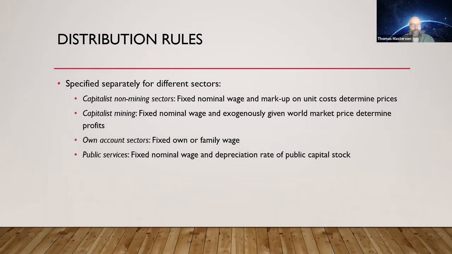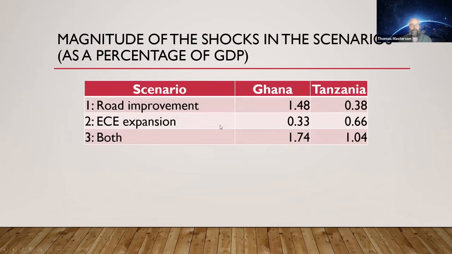Okay, so we left off with the end of the model specification. So let's see what we actually get as a result. So what are the overall results? Well, the magnitude of the shock is this. As a percentage of GDP, the spending is reflected here for each of the scenarios and for both countries.